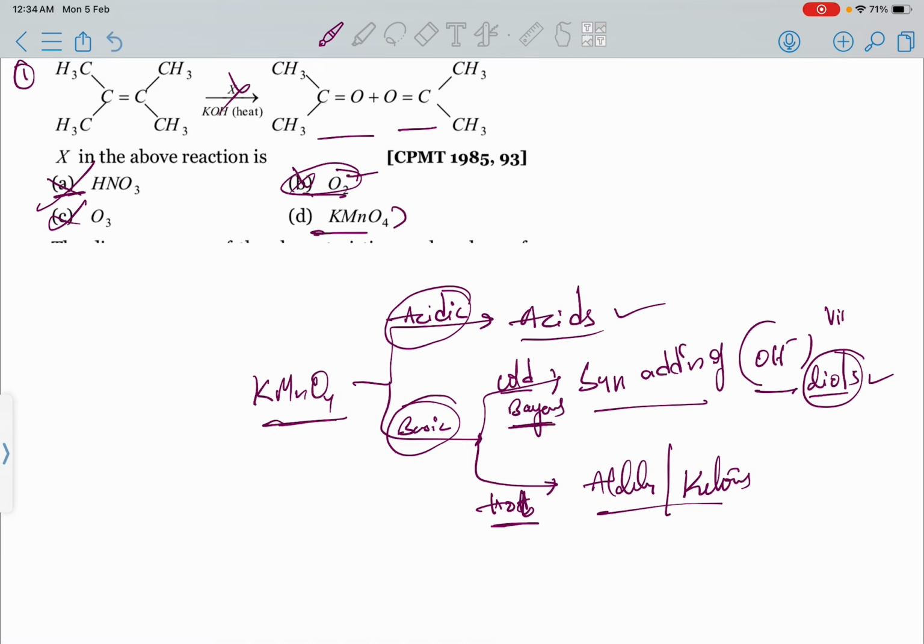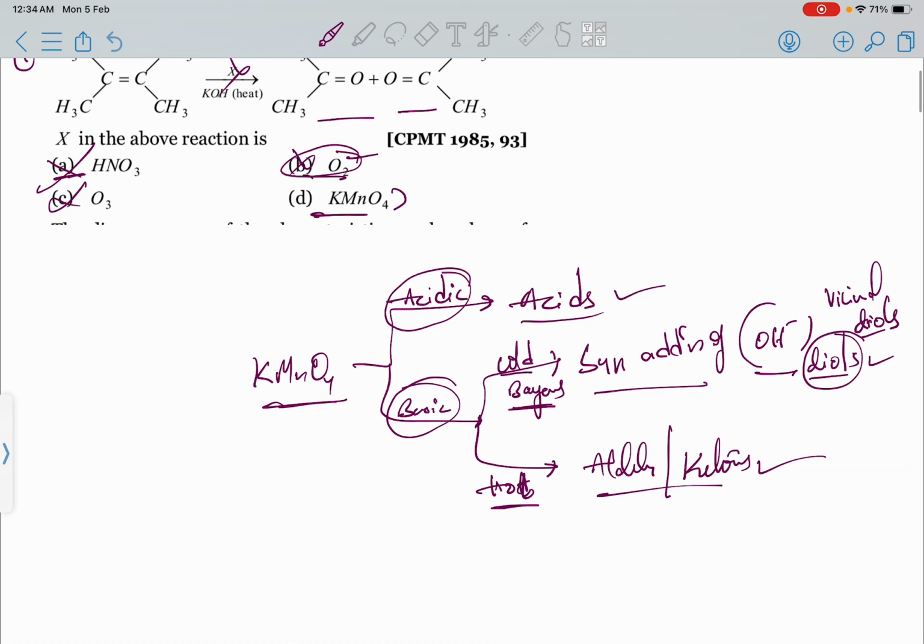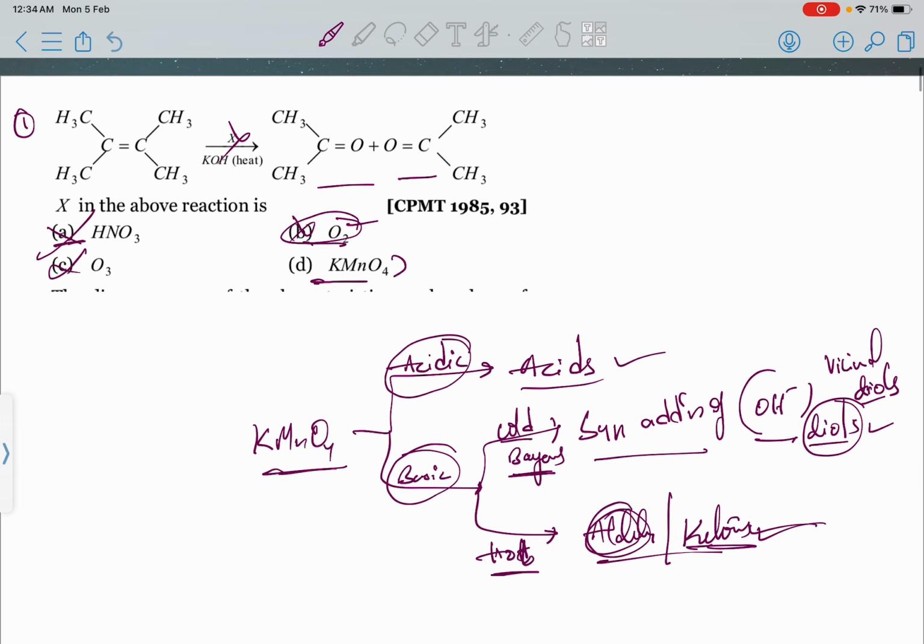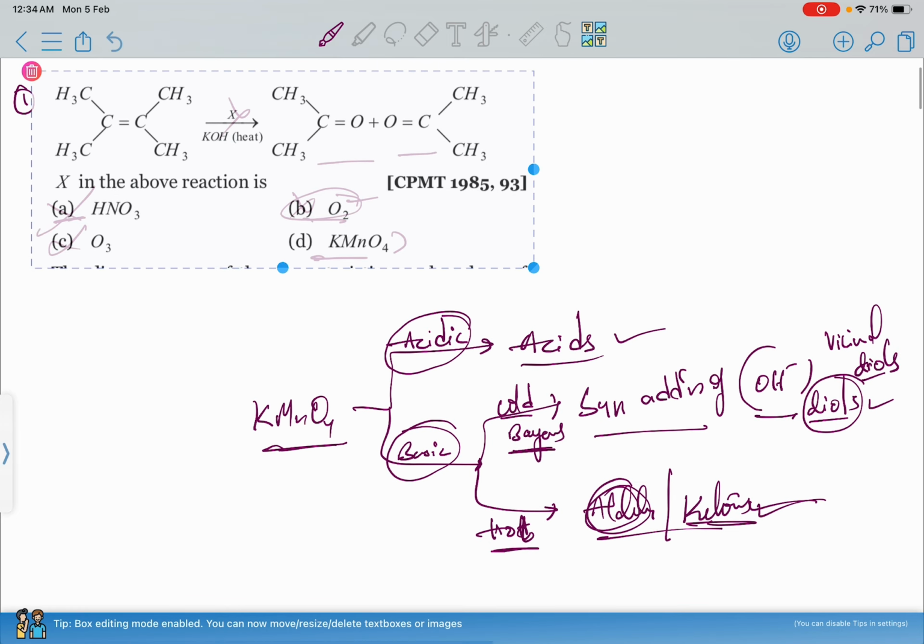And in the hot case, it will give rise to aldehydes and ketones respectively. I guess majorly it's ketones in case of that. It's all about our first question.